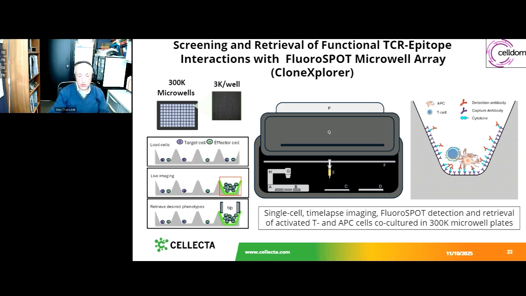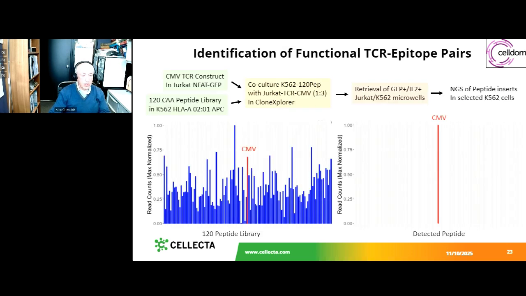To show how the system works, we developed a library of 120 peptides, which are cancer-associated peptides and neoantigens. We cloned them in K562 cells, incubated with the CMV TCR constructs, and co-cultured these two cell lines in Clone Explorer.